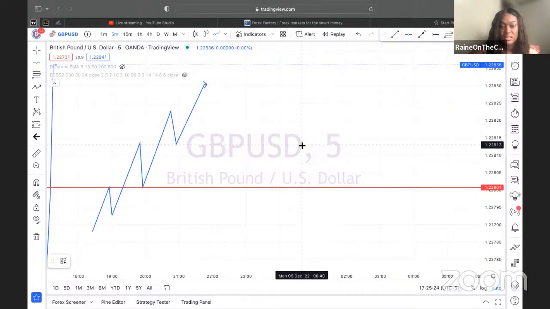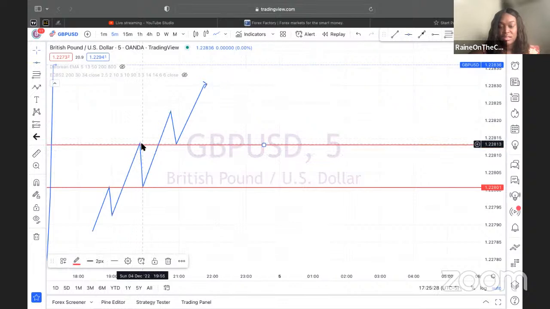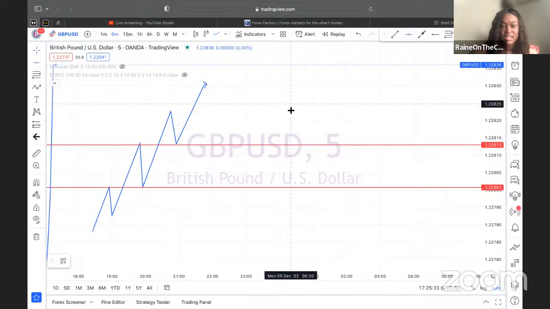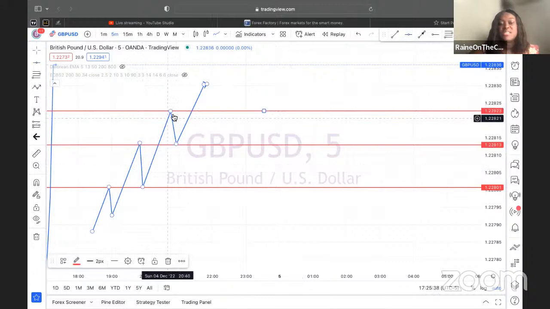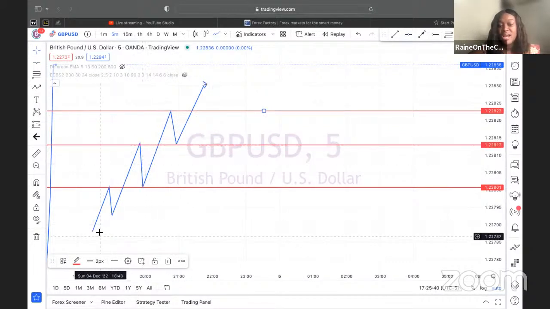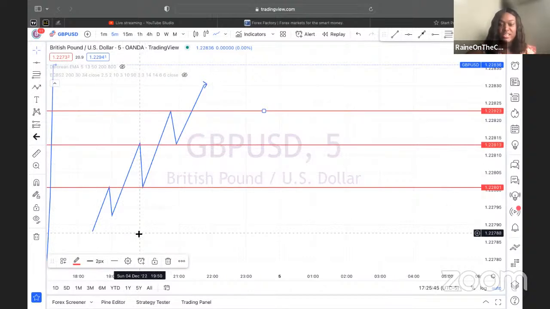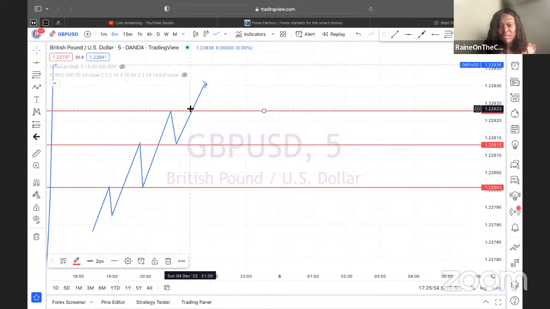But then here's another level of resistance. And here's another level of resistance, right? So if you notice, it never actually came back down here, right? So if you're trying to trade consolidation or a ranging market, buying the floor, selling the ceiling, you would end up in trouble if you try to do that with this, right? Do you see that?